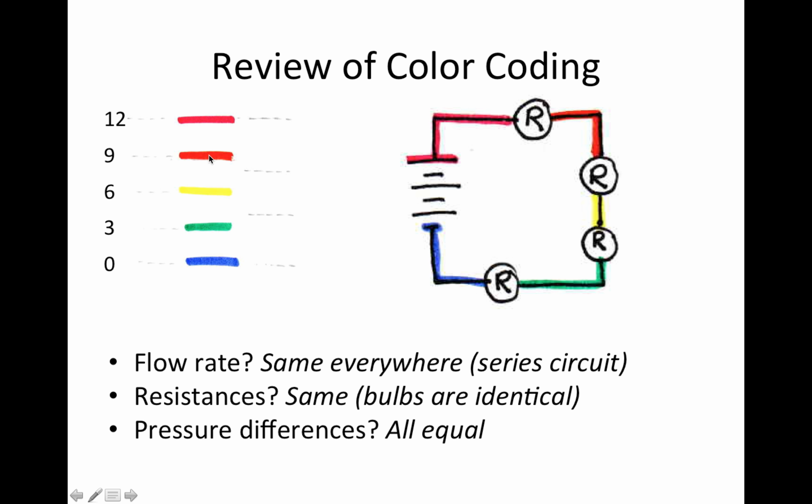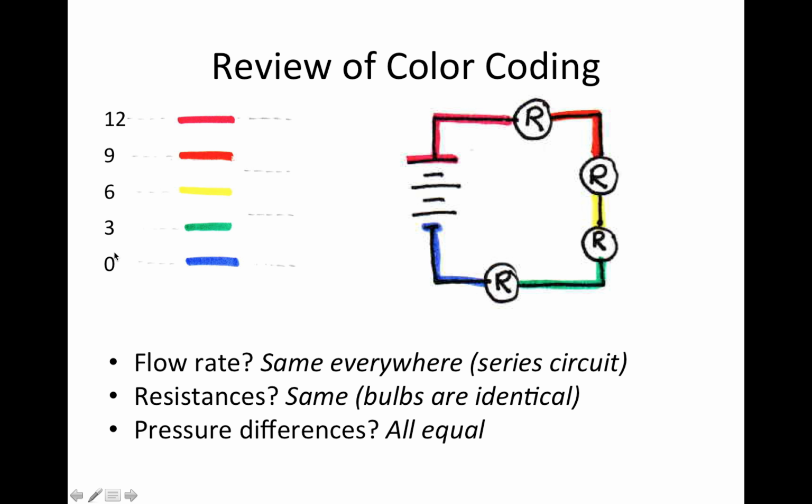By looking at the colors, because we have 5 colors, we can see that we have 4 equal drops if we use those. Red to orange is the same amount of drop as orange to yellow, which is the same as yellow to green, which is the same as green to blue. And since sometimes it's easier to comprehend these things when you have some numbers, let's suppose that the high pressure is represented by 12, and the low, the blue, is represented by a pressure of 0.